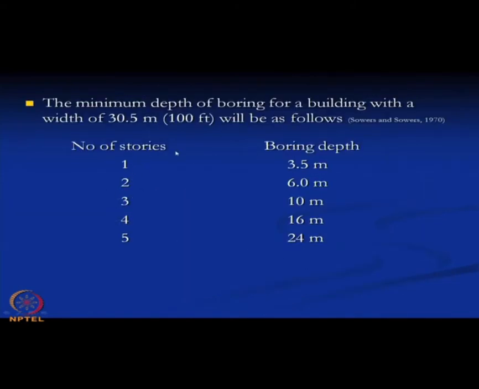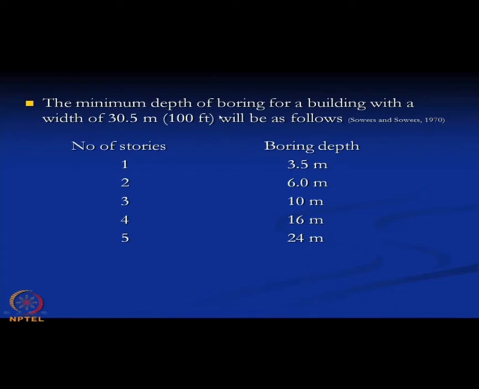Now, another way that we can get the depth of boring is by this recommendation, for a building with a width of 100 feet or 30.5 meter. This is one particular case which is shown here.